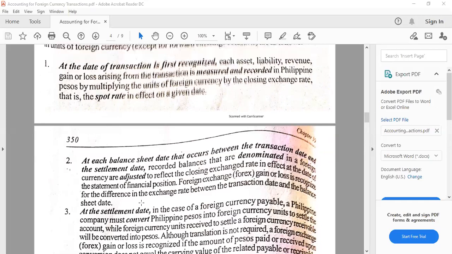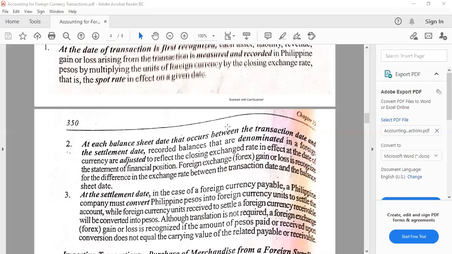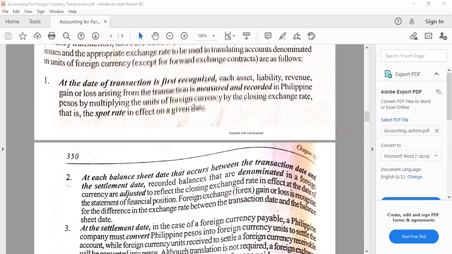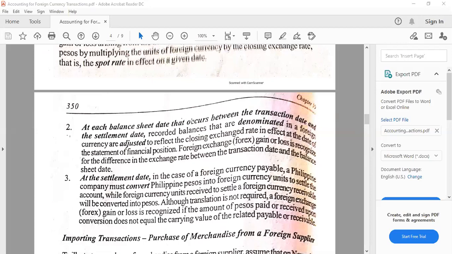Now, for the balance sheet date or reporting date, this is the time that we have to recognize any gain or loss because of the change in the values of the transactions. And we must also take note that no gain or loss will be recognized in between, only at the balance sheet date and at the settlement date.